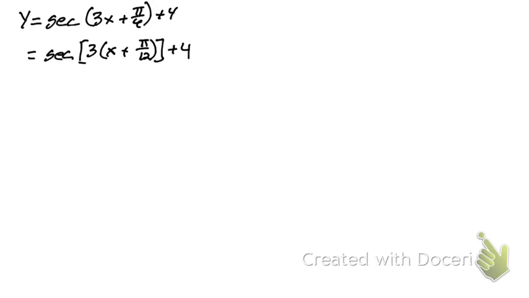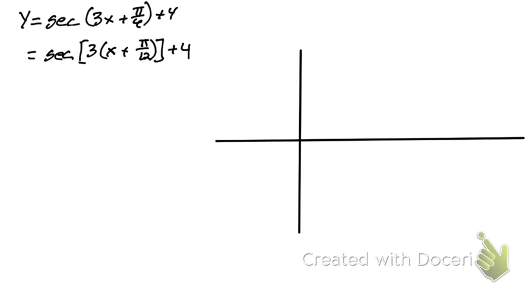All right, then let me draw a really crappy XY. That's always nice when you come up. All right, then let's find the period really quick. So the period would be 2 pi over my b value, correct? Yes. So that'd be 2 pi over 3. So I would just count out maybe 4 spaces: 1, 2, 3, 4.